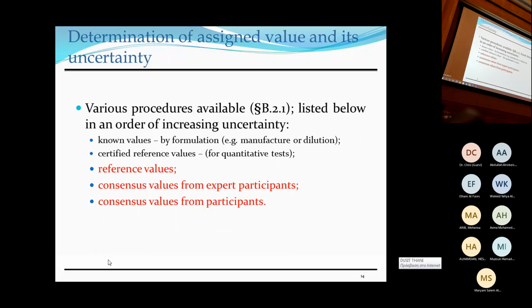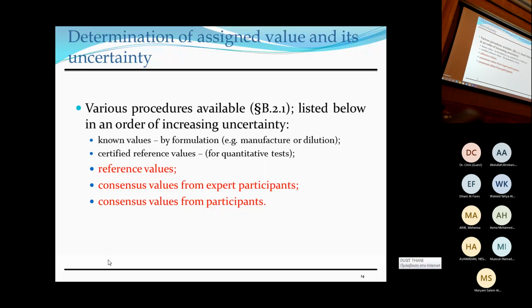Right. So I will not, for example, decide to use a consensus value from all of the participants in a proficiency testing scheme where I am trying to validate the competence of the participants. I will probably use a reference value coming from some external source.